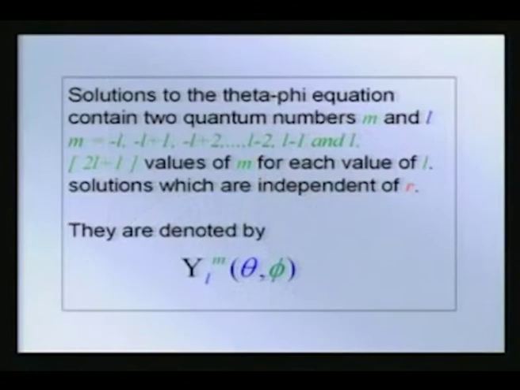Let's go back and look at the slide. The solutions are therefore for a given value of l and for a given value of m. Now, given a principal quantum number n, it is easy for you to show that for every n there are n squared such solutions of Y. We will see that in a minute.